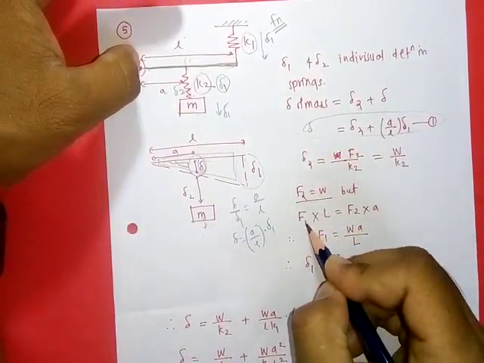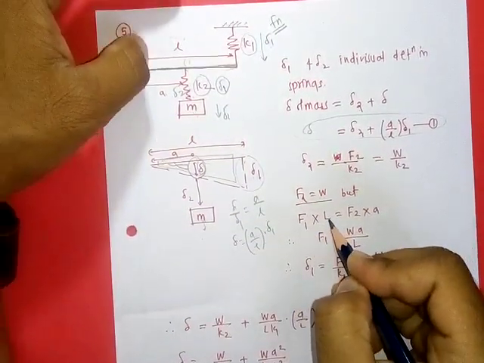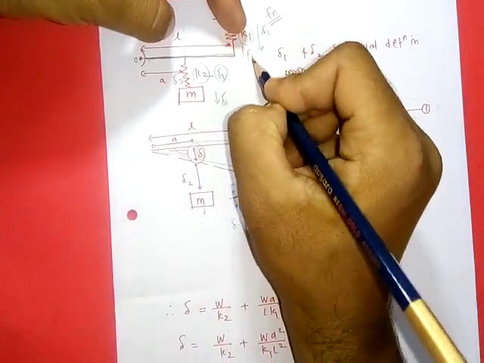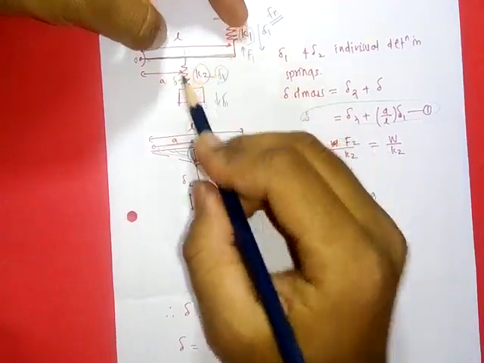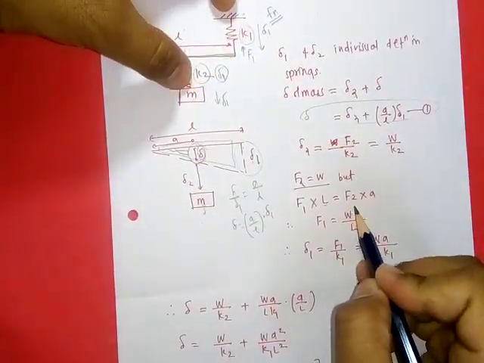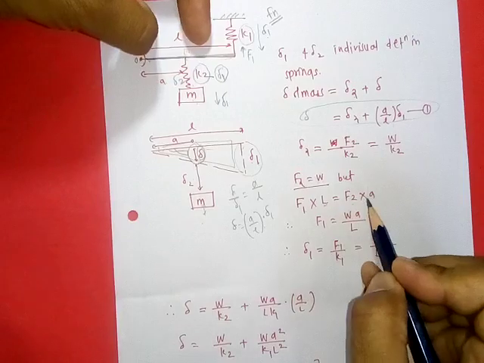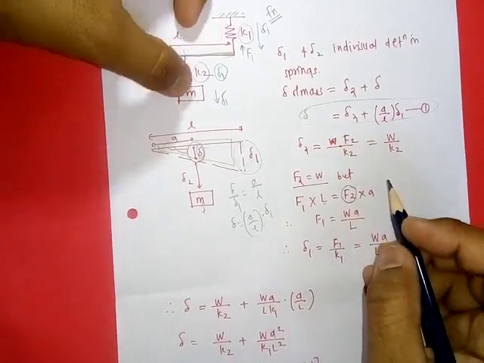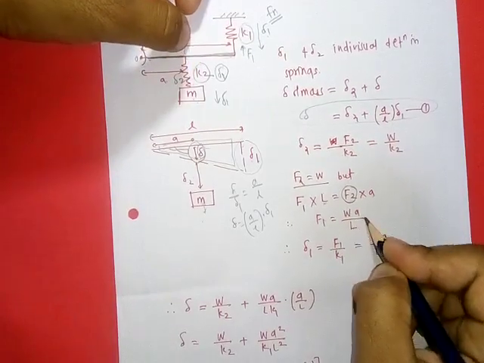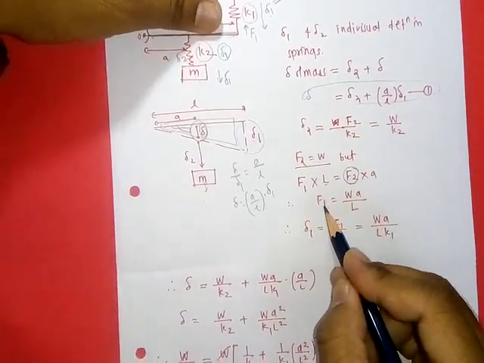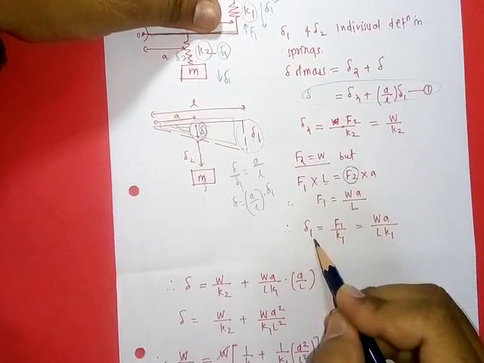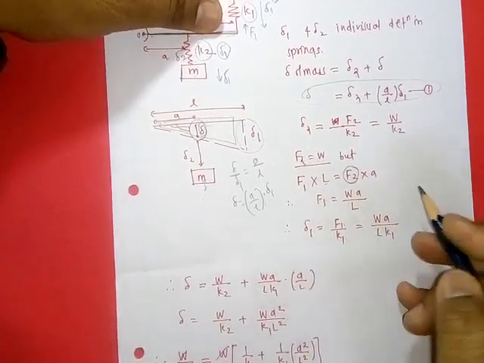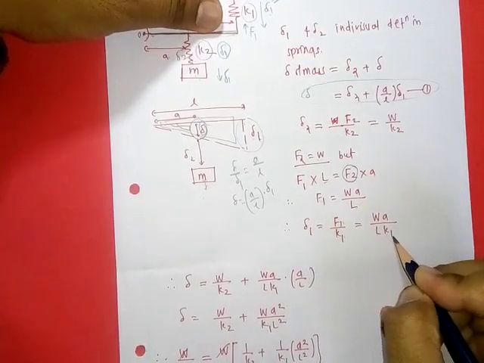So F1 into L, since the spring is at distance L, where F1 is the force in spring 1, F1 into L will be equal to F2 into a. F2 is the weight of the mass W, so F1 is W a upon L. Putting this value in the del 1 equation, del 1 will be F1 upon K1, that is W a upon L K1.